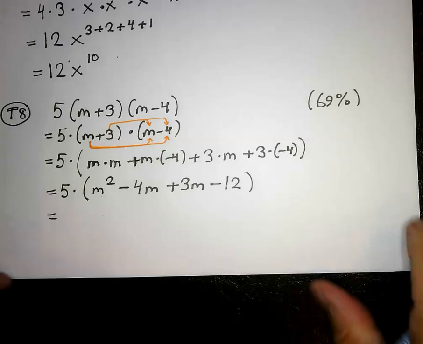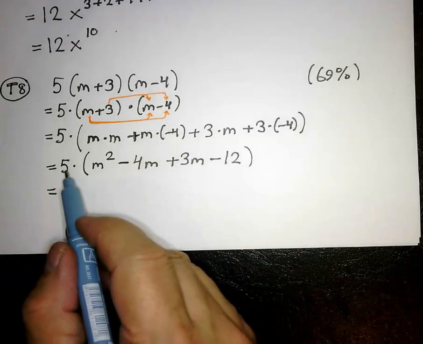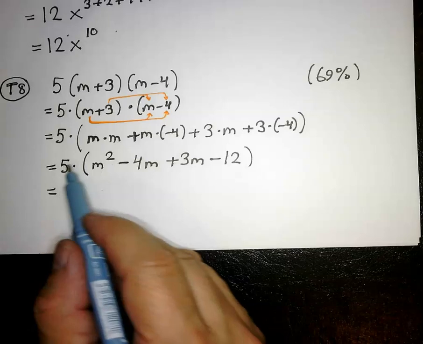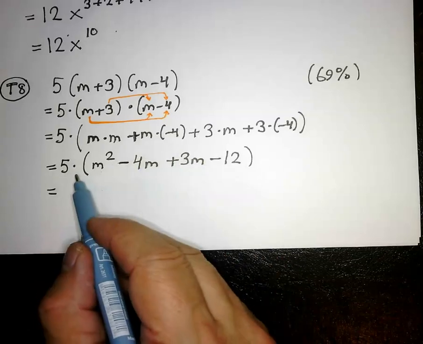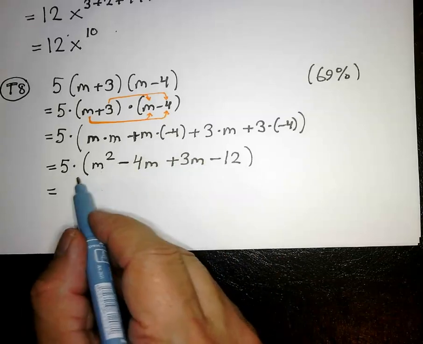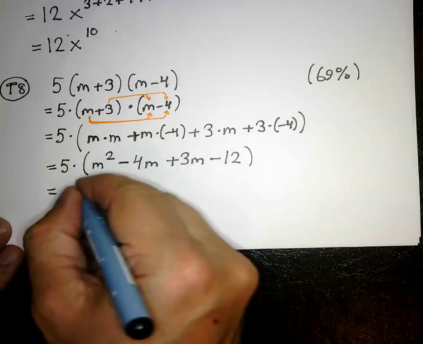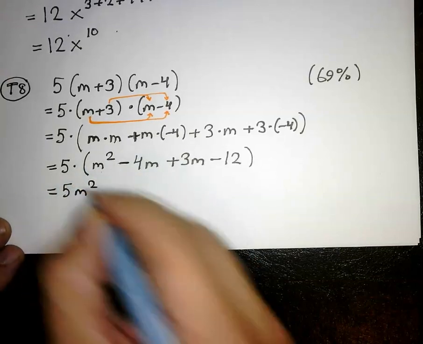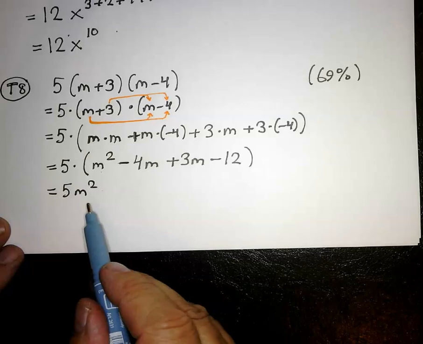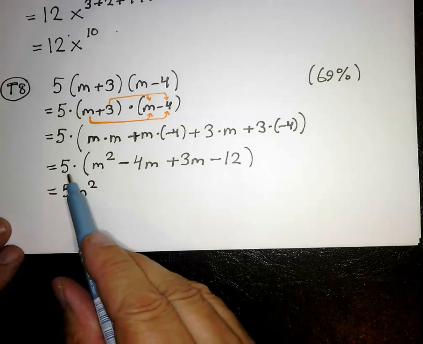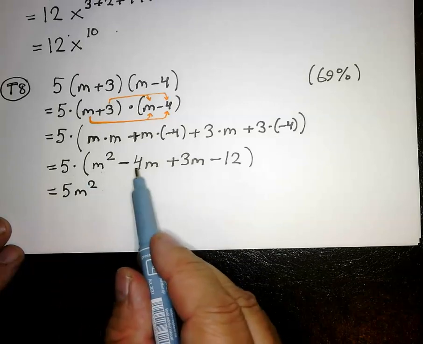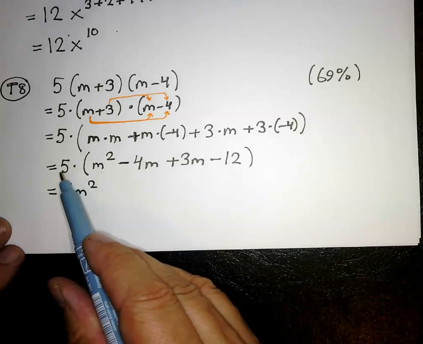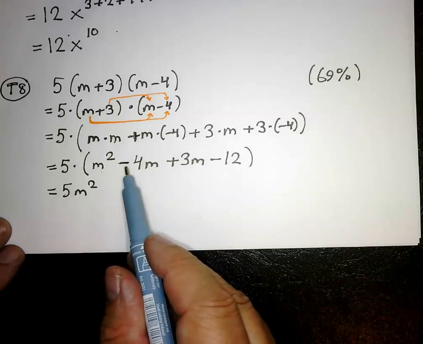And now probably it is easier to multiply all these by 5. So we have here 5 times m to the power of 2. So it is only like this. Then we have 5 times minus 4m. There is a positive sign and a negative sign, one negative sign, and it stays.